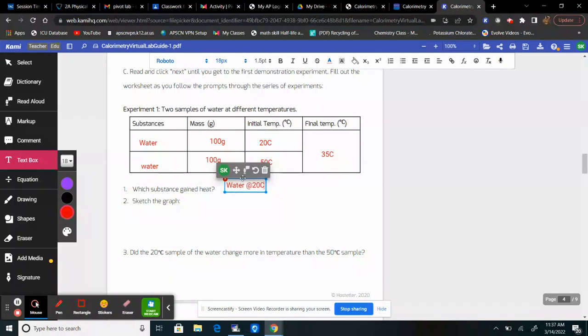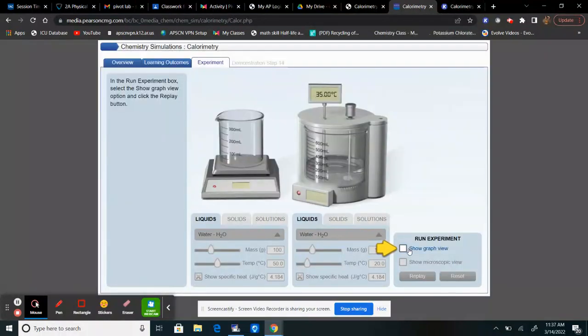Next up, it's asking you to sketch a graph. When you go through the demonstration it is kind of difficult since it only allows you to pick and choose certain buttons. But as you go through, you'll see here, it's showing you now.